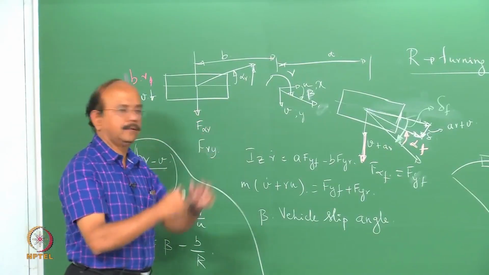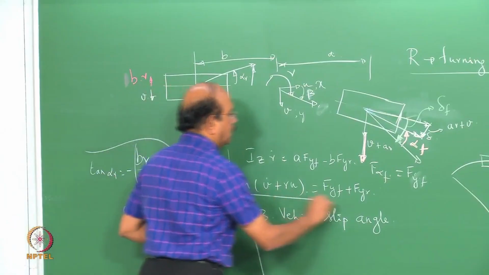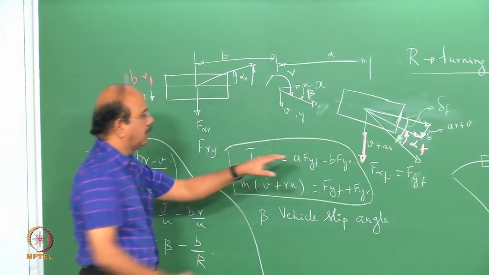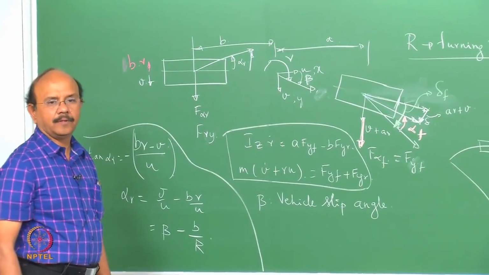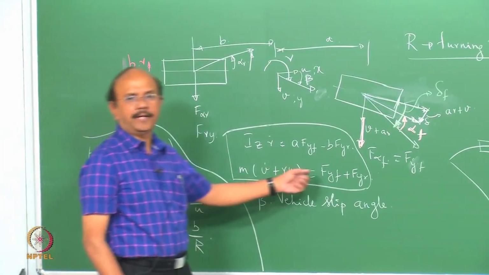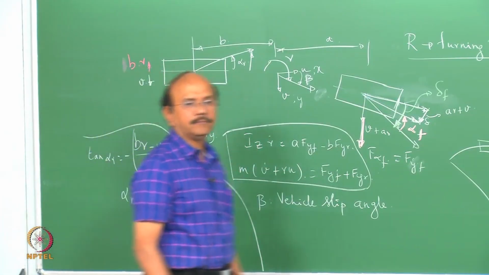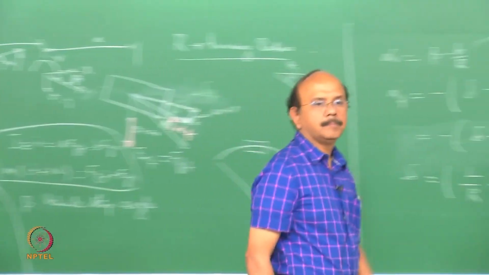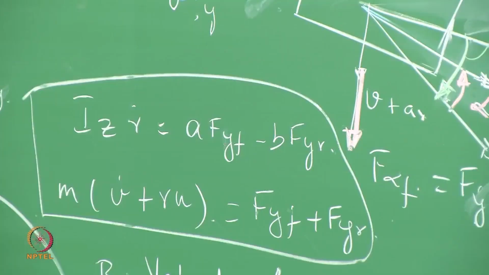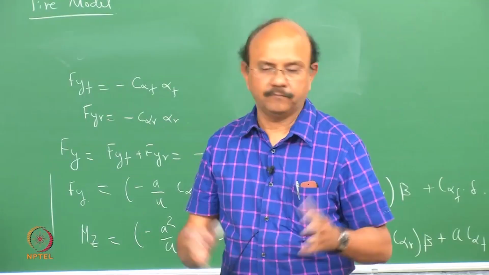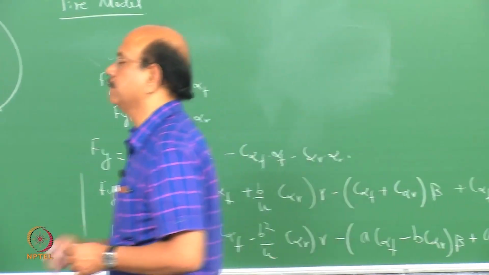So I get these two equations. Now what I have essentially done is to write down the right hand side. Substitute that back and write down the complete equation, the left hand side and the right hand side.